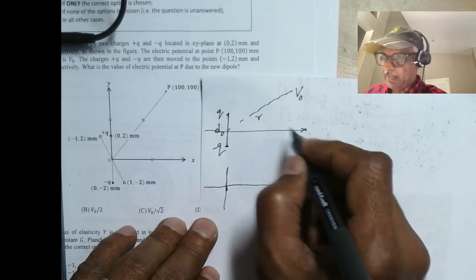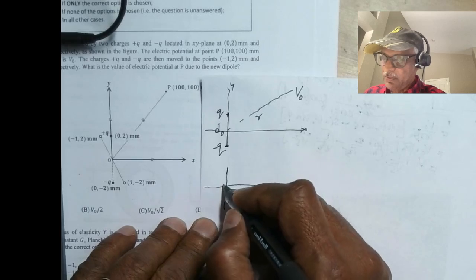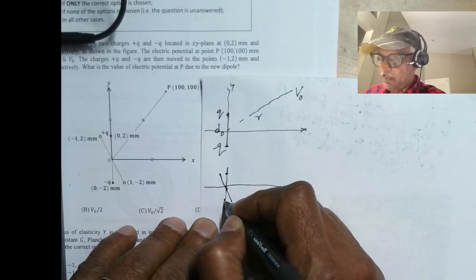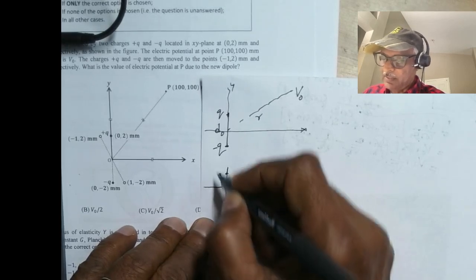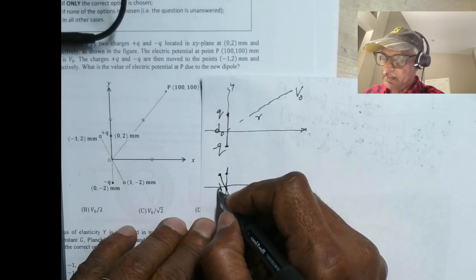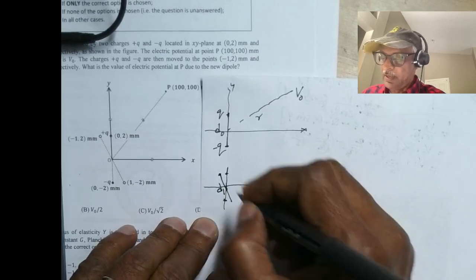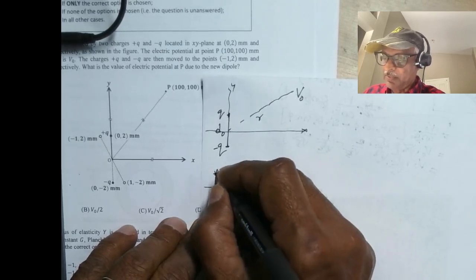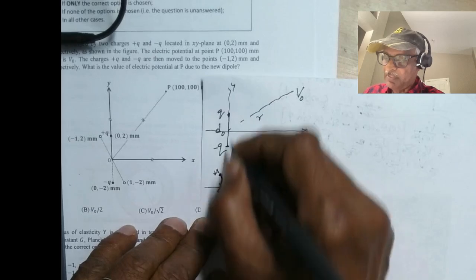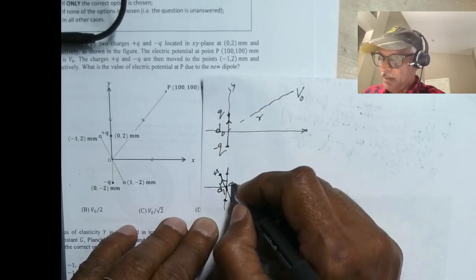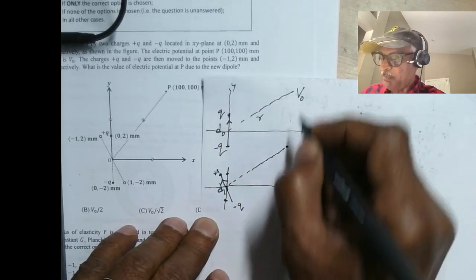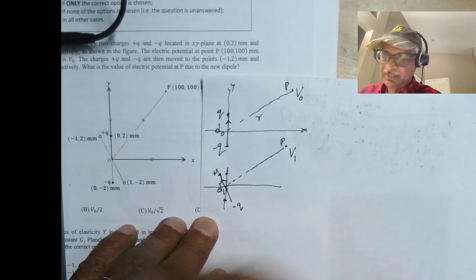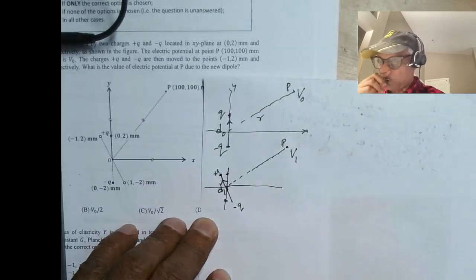So this is like the x-axis, this is the y-axis. This distance is d1, and d1 is this, minus q, plus q. The dipole is that way, but the field point is the same point P. And let's see, this is v1, and I have to write v1 in terms of v0.